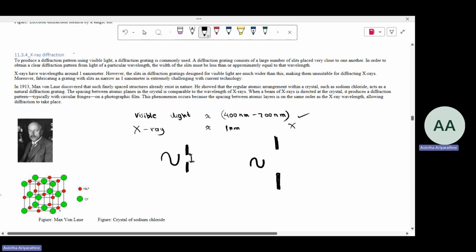If we consider the sodium chloride lattice, the gap between two atoms is almost equal to 1 nanometer.